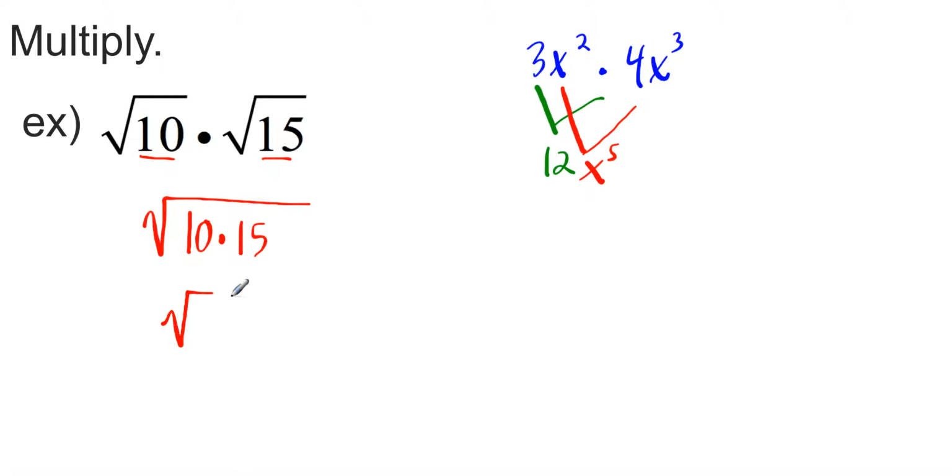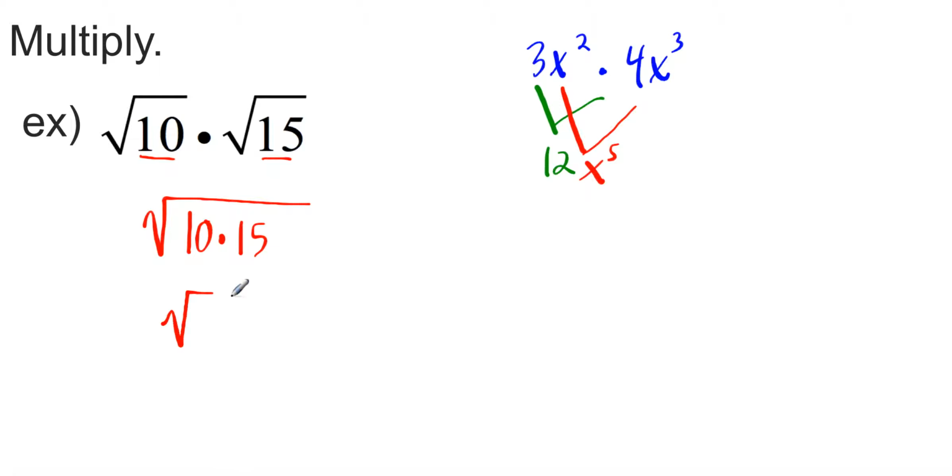But just as we've seen in prior videos, we can't leave a big number like that. We will always want to simplify. So we're going to go to the margin, and we are going to find the biggest perfect square factor of 150. And when you go through your factors of 150, you find that it's the same thing as the square root of 6 times the square root of 25.